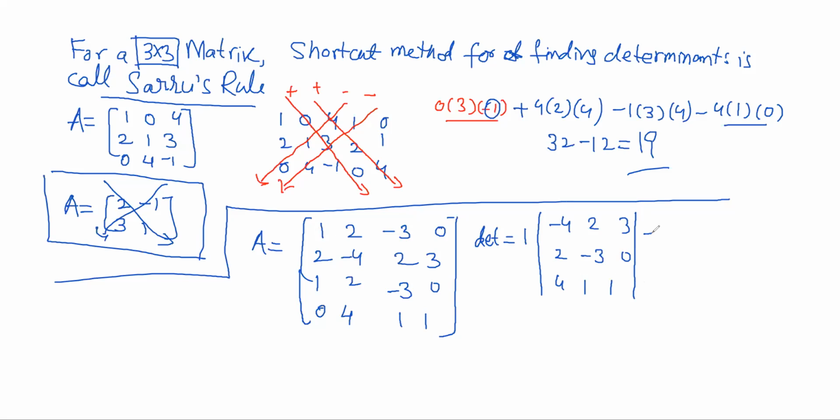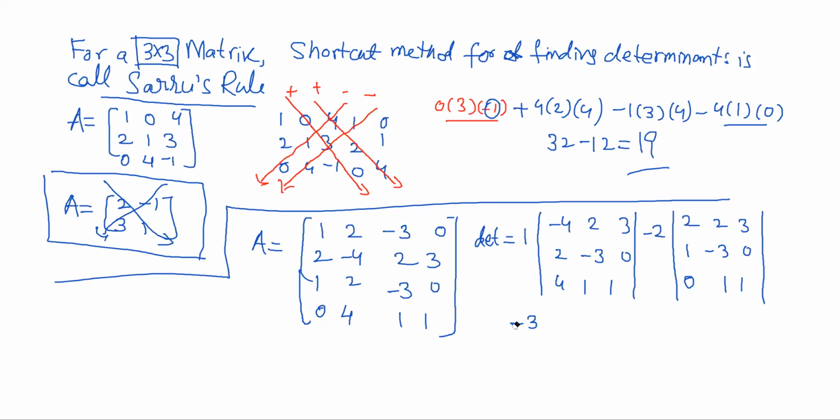Then minus 2, and its minor will be 2, 2, 3, and 1, minus 3, 0, and 0, 1, 1. And then it will be plus 3. No, it will be minus 3, actually, because the signs go alternately: plus, minus, plus, minus.